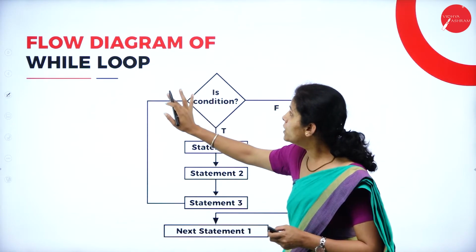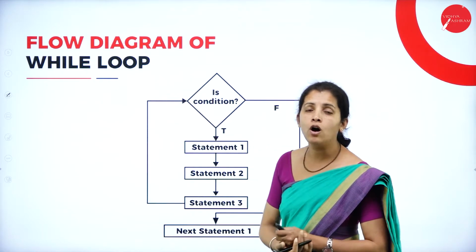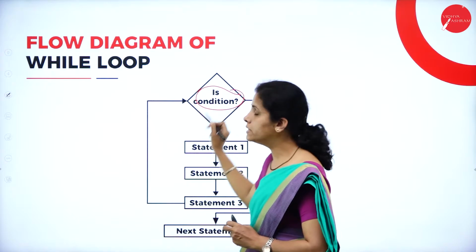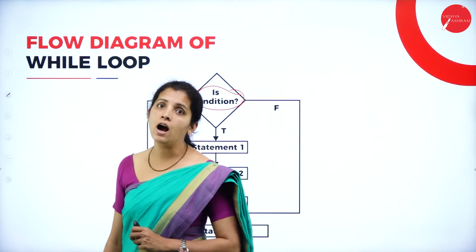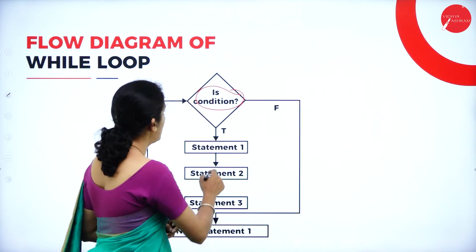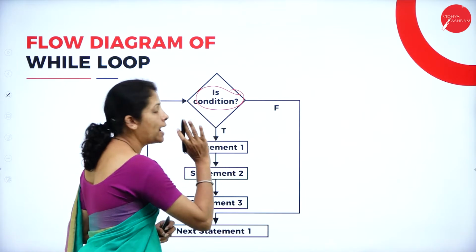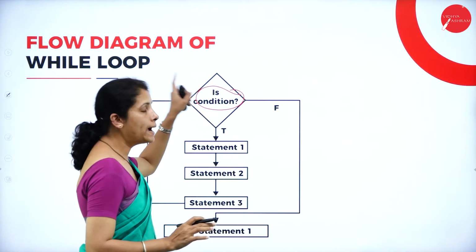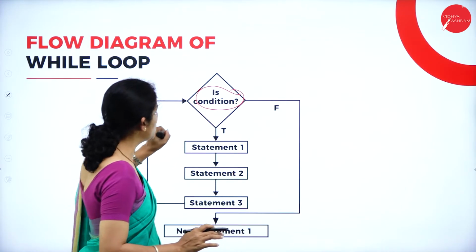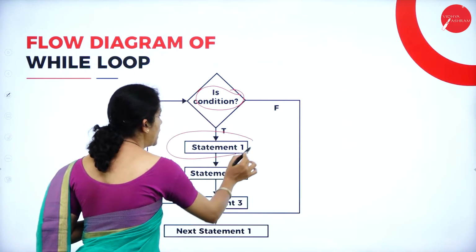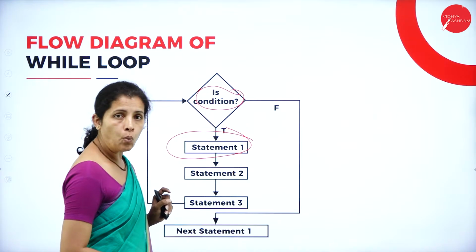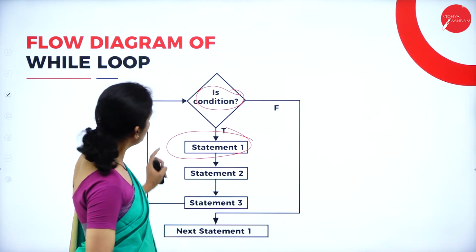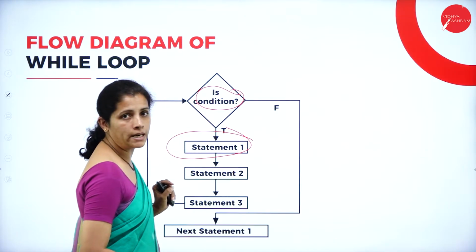Now, I'm going to show the flow chart for the while loop. At the beginning, I'm going to have the test criteria or condition, and I'm going to have 2 possibilities, that is true and false. If my test criteria is true, then I'm going to have statement 1, statement 2 up to statement n, and I'm going to repeat these statements.